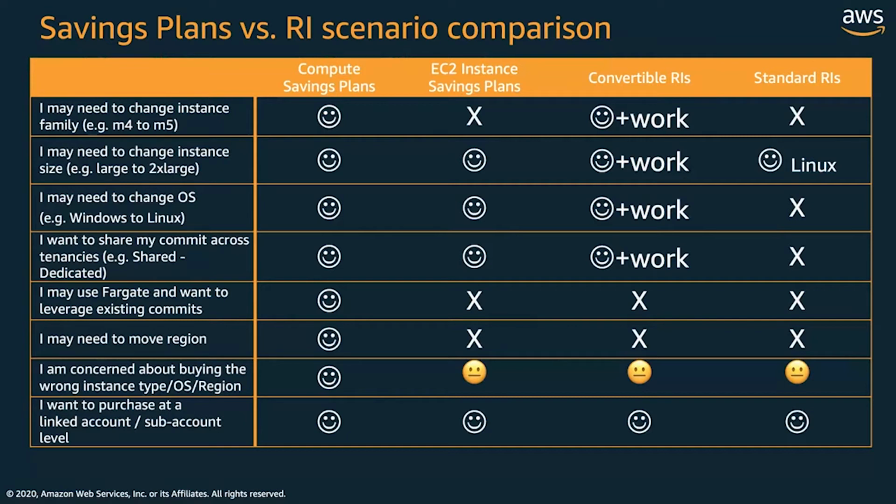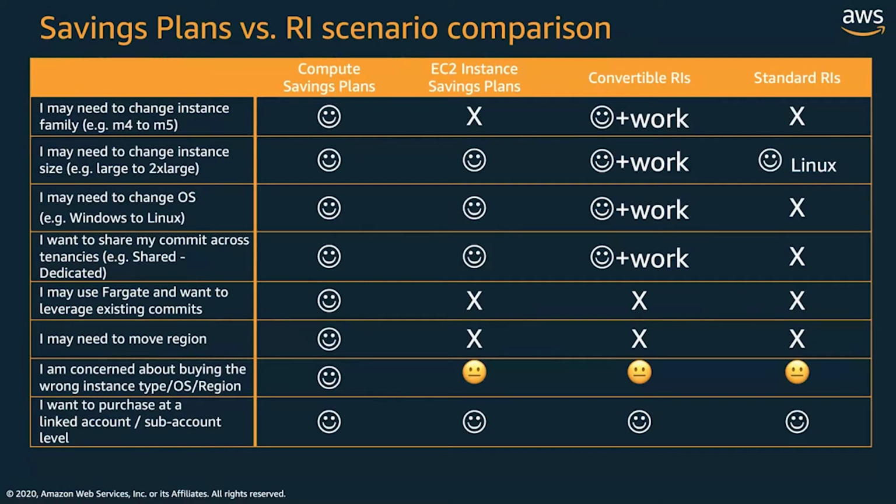I'm not going to go through this decision matrix in detail because, as we said, you will get the slides. But the sorts of questions you're going to ask are: is this going to be a compute savings plan? Is this going to be an EC2 instance-based savings plan? Should I use a convertible RI or a standard RI?